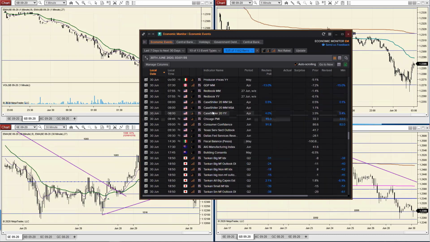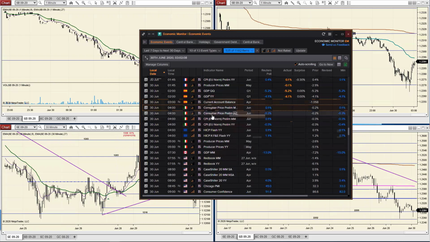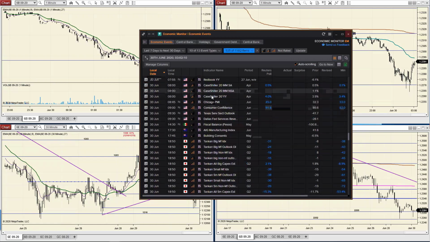But as we come into the States, we will get Canadian GDP, so it should provide a good mover there. That's going to be at 8:30 Eastern. Then at 9 a.m. Eastern, we get Case-Shiller. At 9:45 Eastern, we get the Chicago Purchasing Managers Index. As well as at 10 a.m. Eastern, we will get consumer confidence.